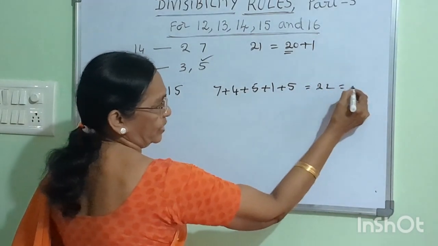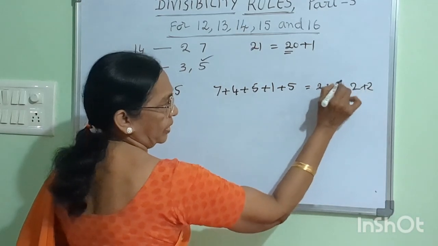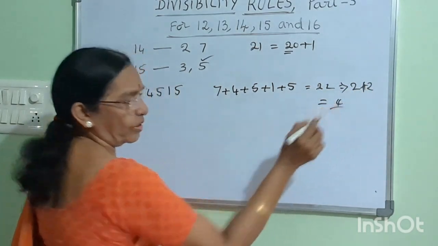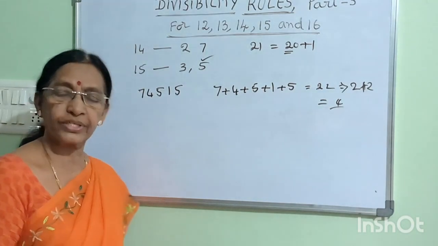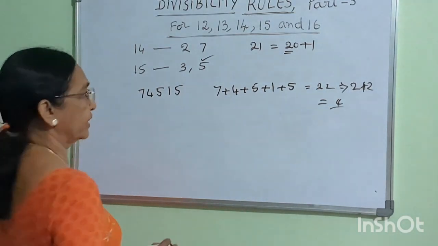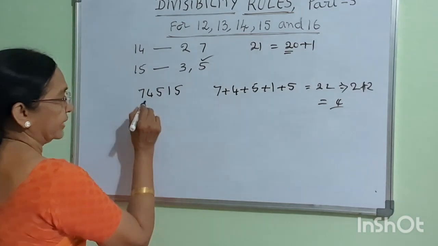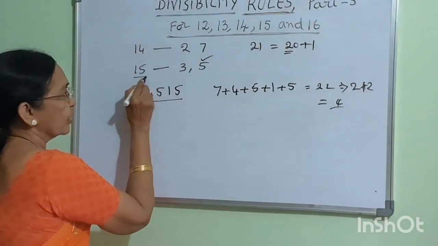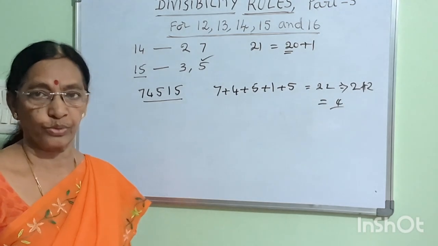We can add this again: 2 plus 2 is equal to 4. 4 is not a multiple of 3, or 4 is not divisible by 3. Therefore, this number is not divisible by 3. Therefore, it is not divisible by 15 also.